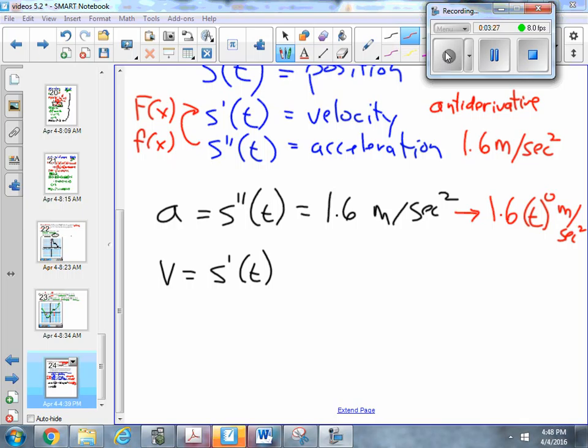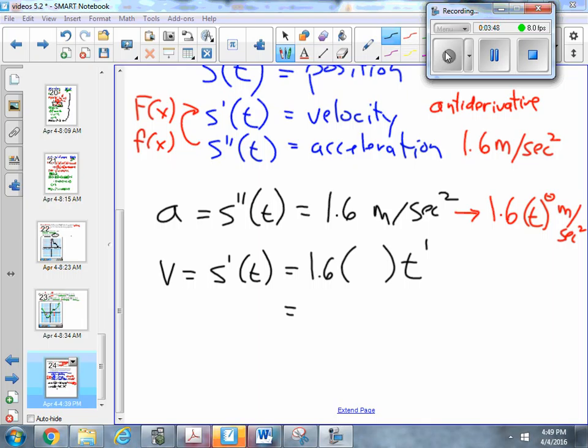It's just a constant. So I'm putting t to the 0 so that we can see more clearly how this antiderivative works. So the antiderivative would be 1.6 placeholder t to the first.